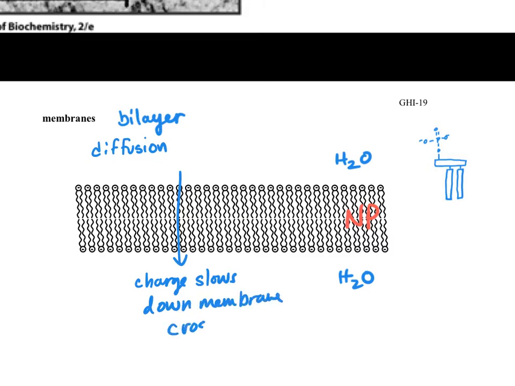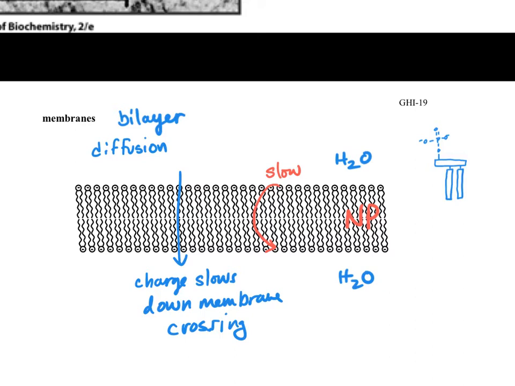We use the phrase, a full charge is almost impossible to drag across a membrane. And we can say the same is true for the membrane lipids themselves. If this lipid here was going to try to flip over to the other layer, that's also very slow, because think of the phosphates having to be dragged through that nonpolar area. It's going to go very, very slowly.